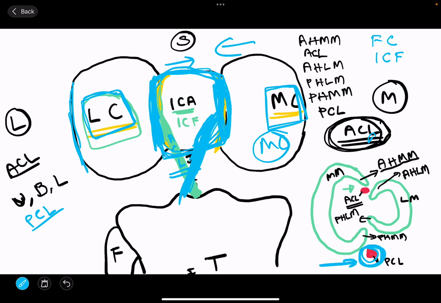Okay, so the anterior cruciate ligament passes upwards, backwards, and laterally, and it is attached to the posterior superior part of the lateral wall of the intercondylar area or fossa, whereas the posterior cruciate ligament passes upwards, forwards and medially, and it is attached to the antero-inferior part of the medial wall of the intercondylar area.